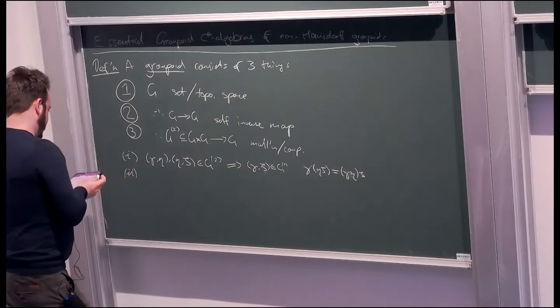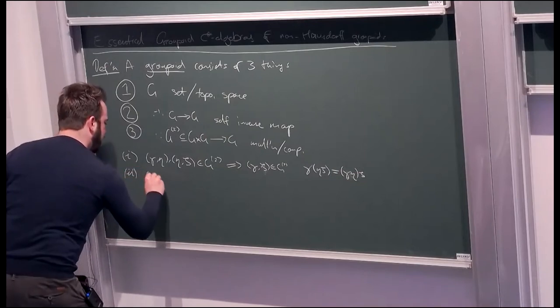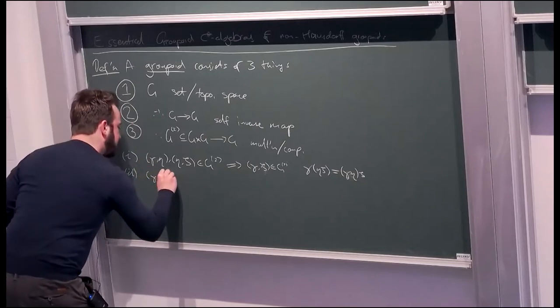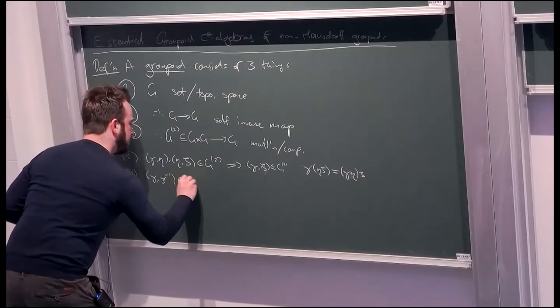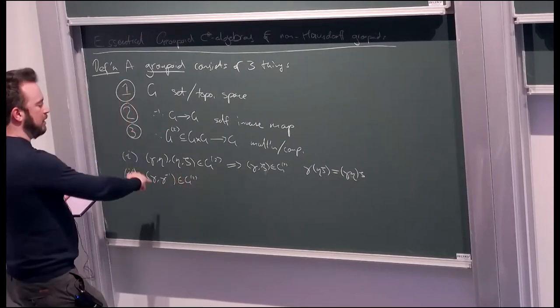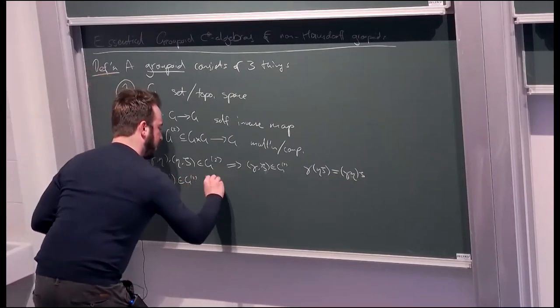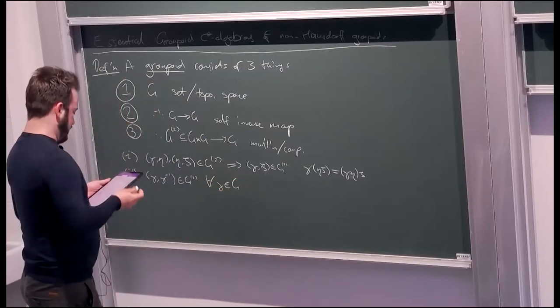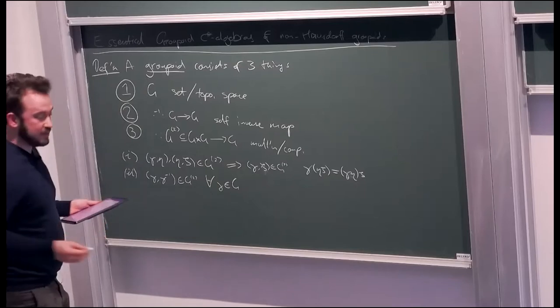The second condition is that any element in the groupoid must be composable with its inverse. So gamma, gamma inverse should always be a composable pair for all gamma in the groupoid. And then, since it's suggestively called an inverse, it should act like one.